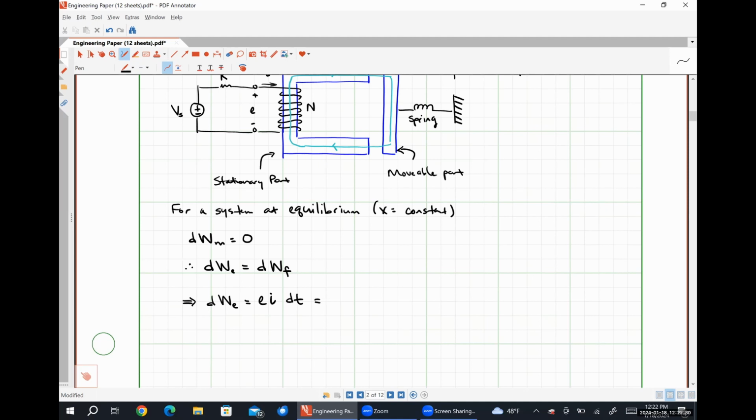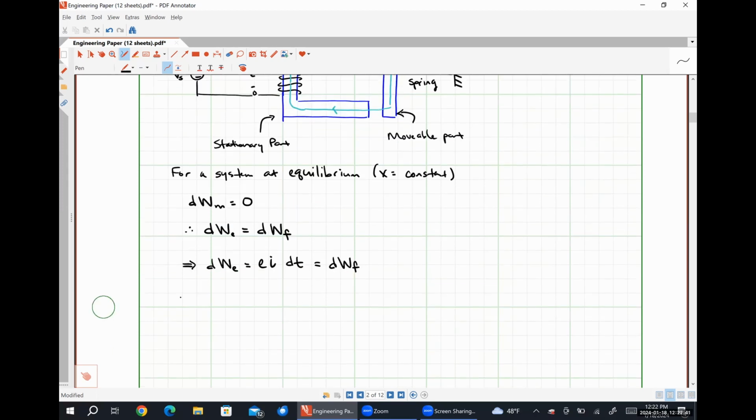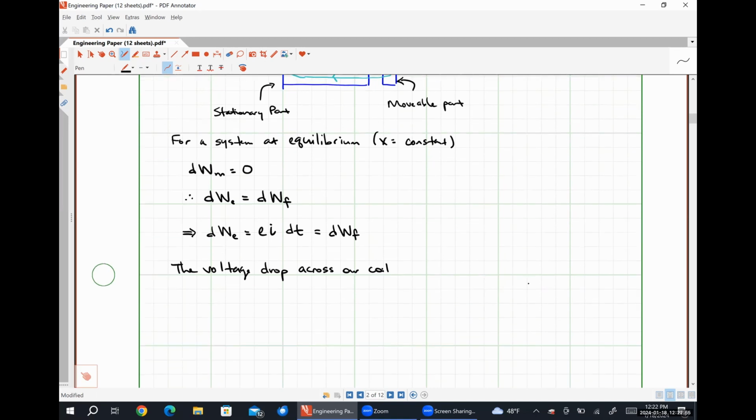And once again, this will be equal to the voltage drop across our coil, which is related to the flux linkage in the system, a relationship we've talked about previously.